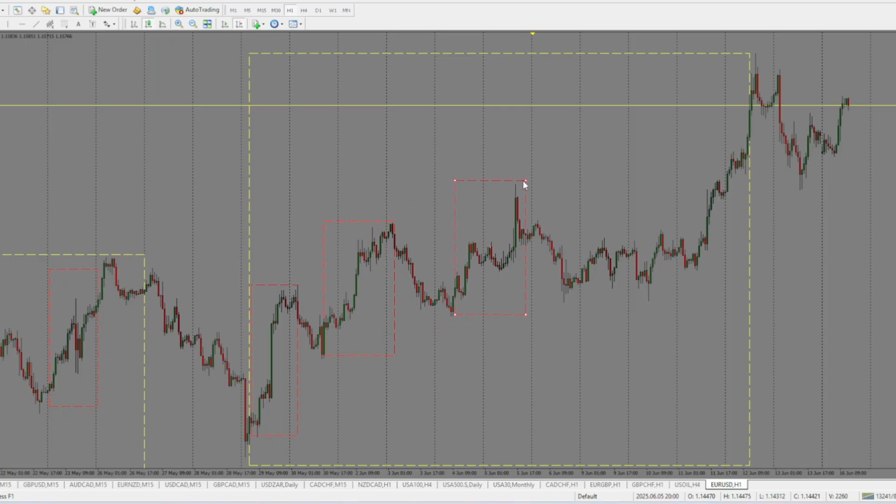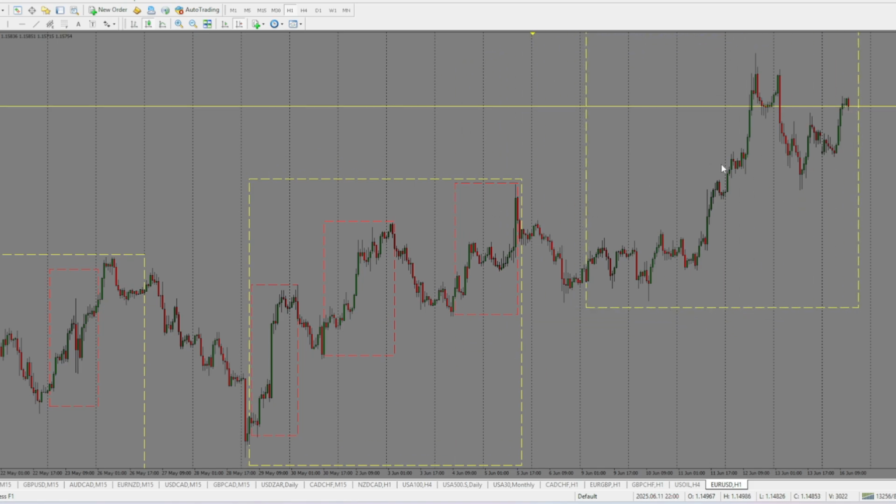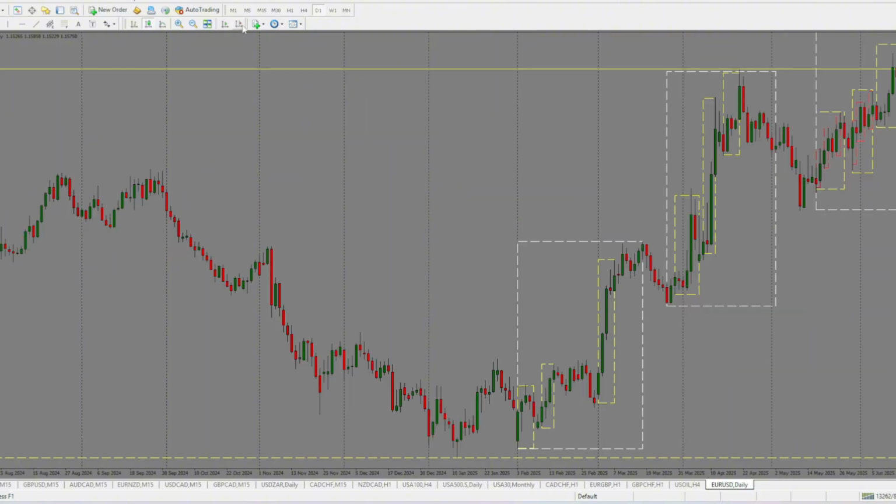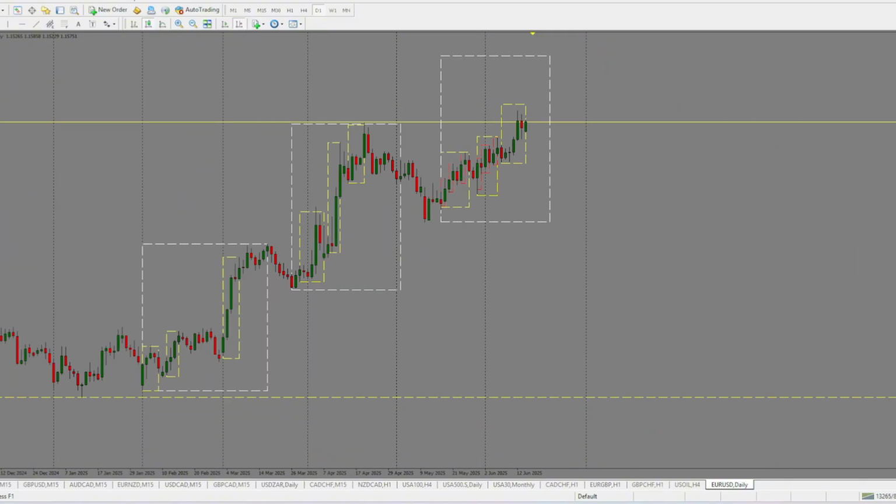After these 2, we can see there was a completed cycle, meaning that the H4 level 2 is supposed to end here. Therefore, with that in mind, we now have our H4 level 3 to fulfill our daily time frame level 3. So this is what we've seen.